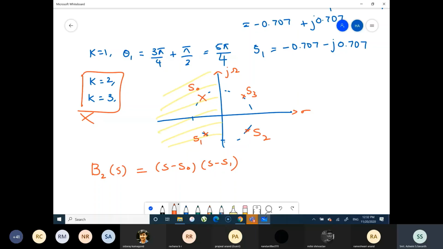Yes, you can write down the values of S0 and S1 and multiply the 2 polynomials. You see that you'll obtain it as S square plus 1.414S plus 1. That is what you get when you multiply the 2 polynomials.